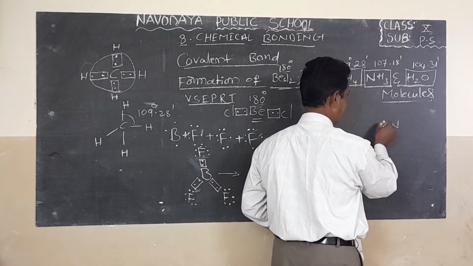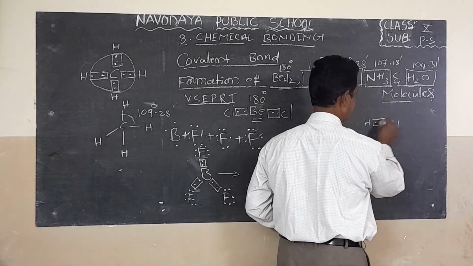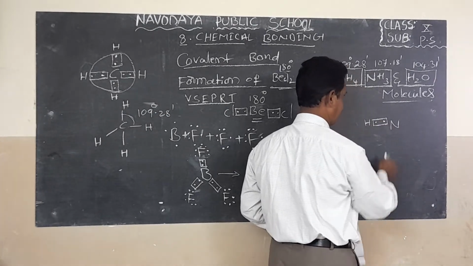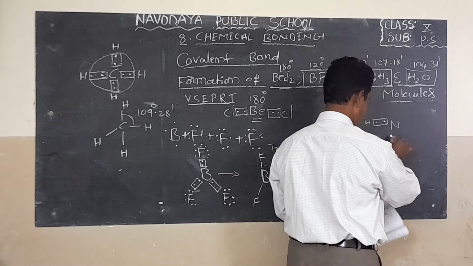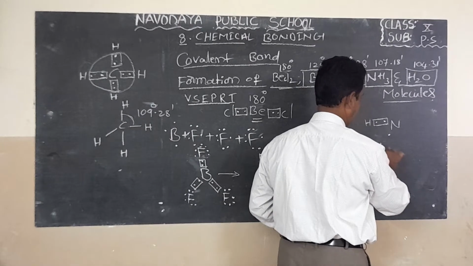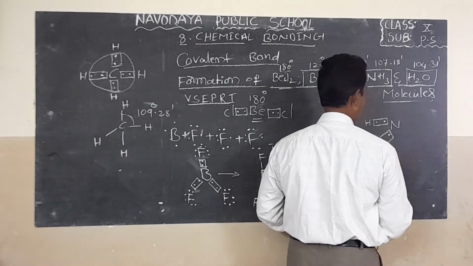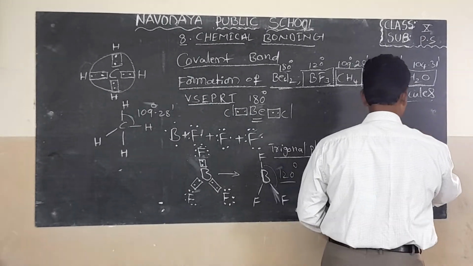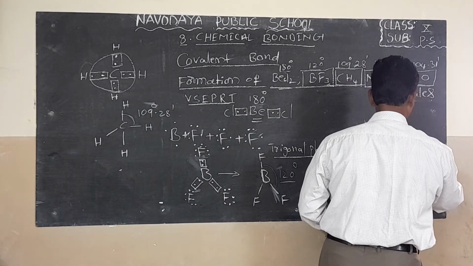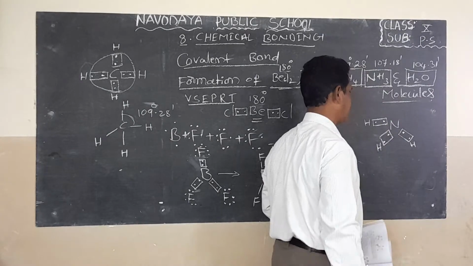Nitrogen contributes 1 electron, the hydrogen atom also contributes 1 electron. This is the bond pair of electrons. Likewise for the second and third hydrogen, giving bond pairs of electrons.